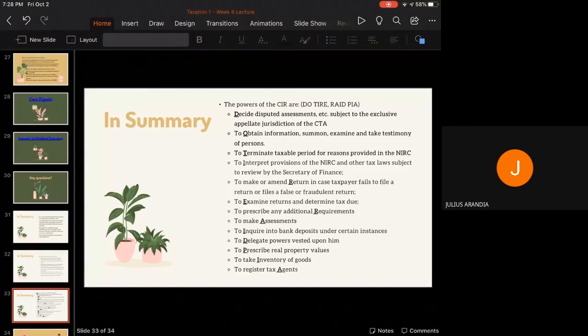Those are some of the more important powers of the CIR that you need to be aware of.